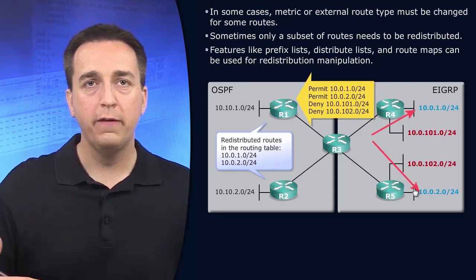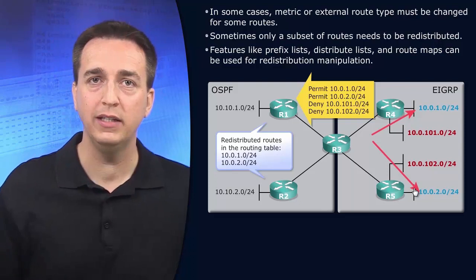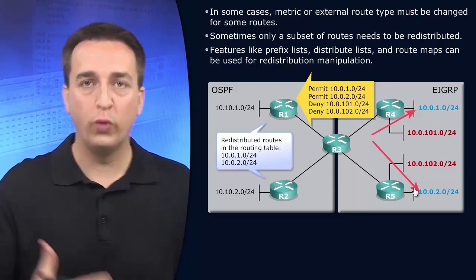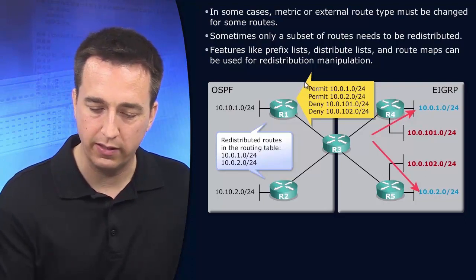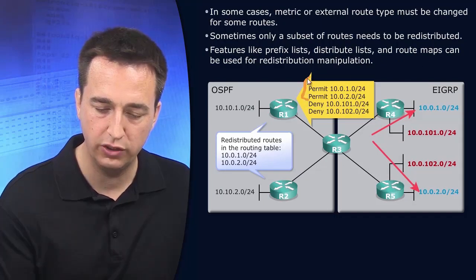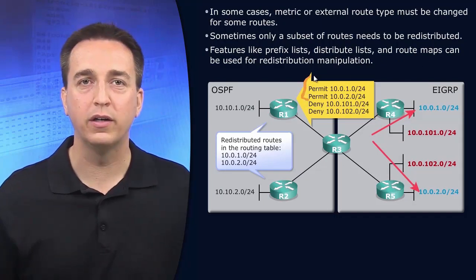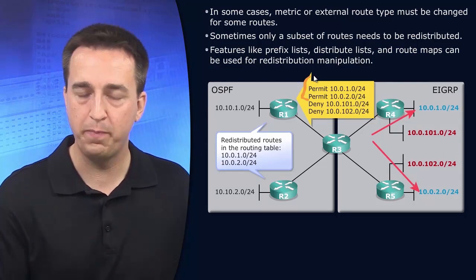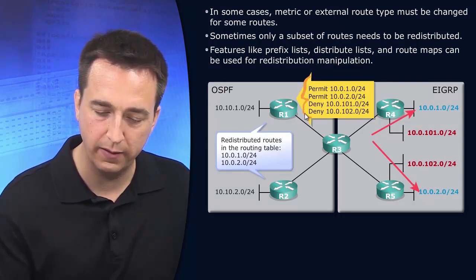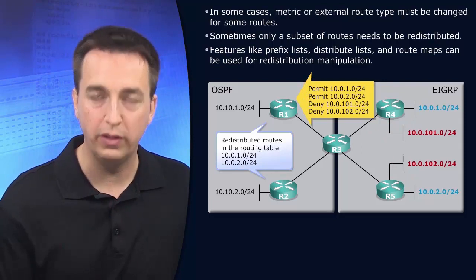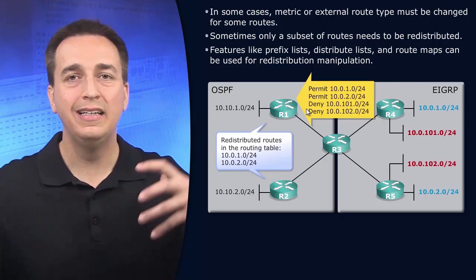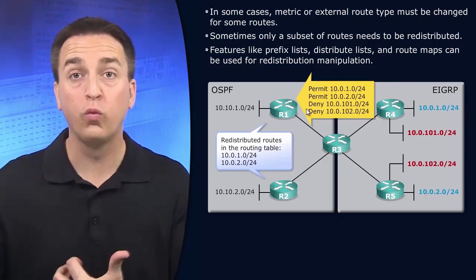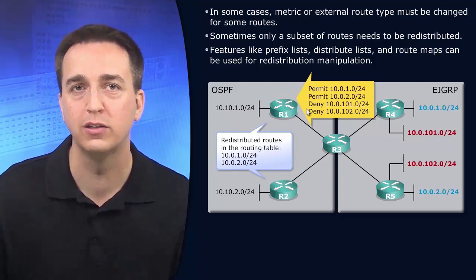So a filtering mechanism is put in place with that redistribution process in order to say that we want to just permit, right here, let's just permit these 2 networks when we redistribute. These 2 networks here will not be redistributed at all. So the deny is simply preventing the redistribution of those 2 networks from happening.